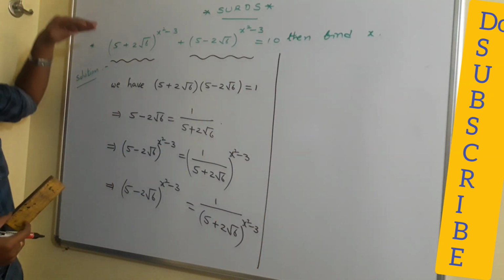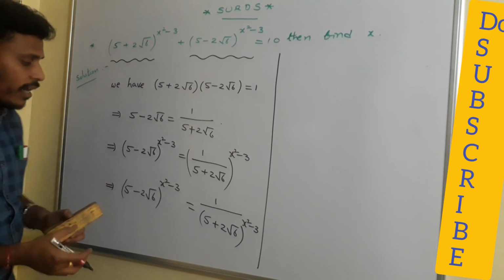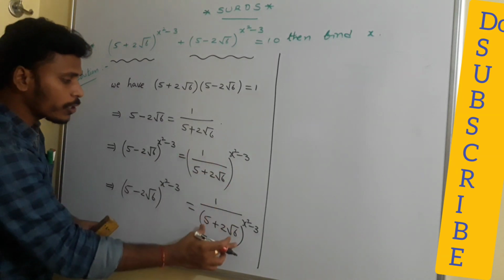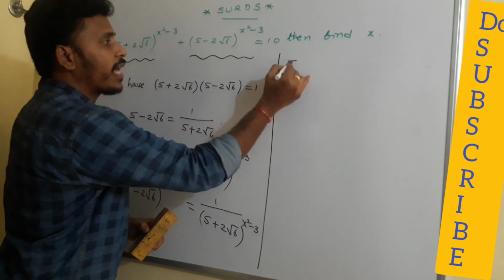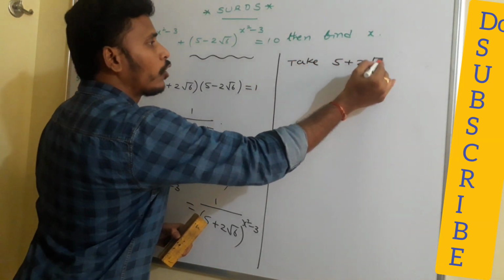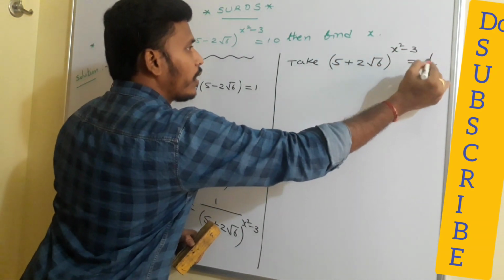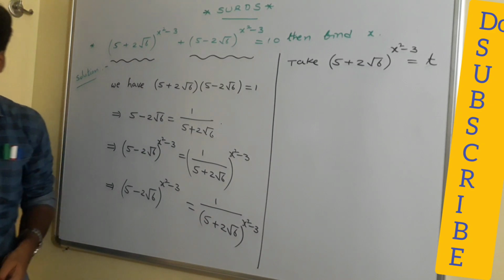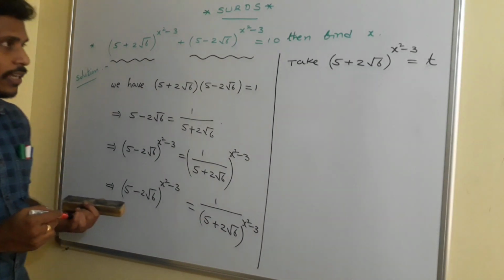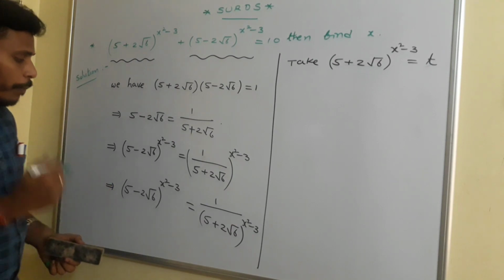Now, see, think about the problem. To move further, I am taking this (5 + 2√6)^(x² − 3) as some other variable. You need to take (5 + 2√6)^(x² − 3) = t. You just take (5 + 2√6)^(x² − 3) as t. If it is t, now think about the problem.